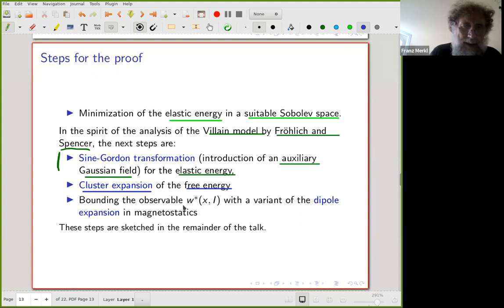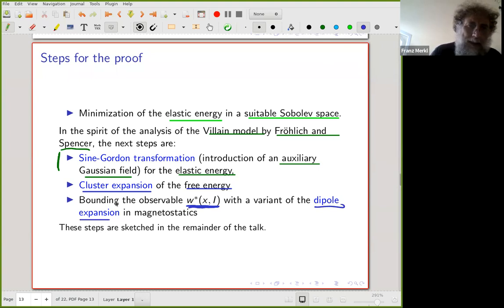And finally, this last step of the analysis is to bound the decay of the observables, the W star of xi, using an ingredient which is well known in magnetostatics, which is a dipole expansion.